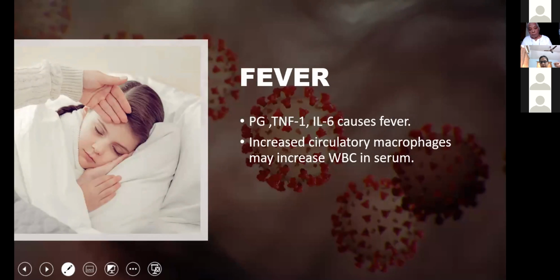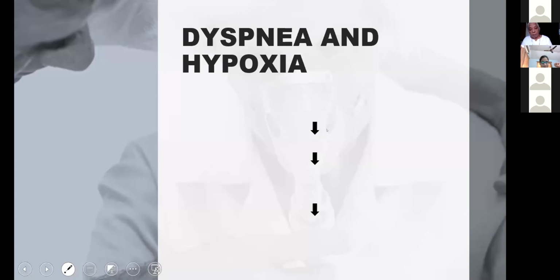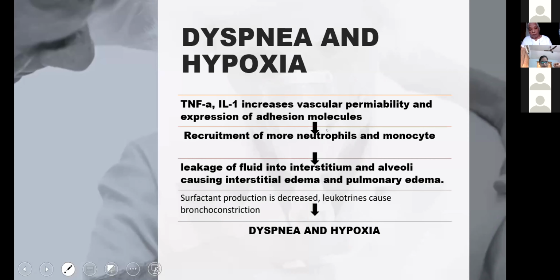The next is fever. The prostaglandins, the tumor necrosis factor 1 and interleukin-6 cause fever here. The next one is dyspnea and hypoxia. So the tumor necrosis factor 1, the tumor necrosis factor alpha, the interleukin-1, all of these lead to an increase in vascular permeability, and the adhesion molecules, which are present on the sides of the vascular vessels, their expression is also increased.